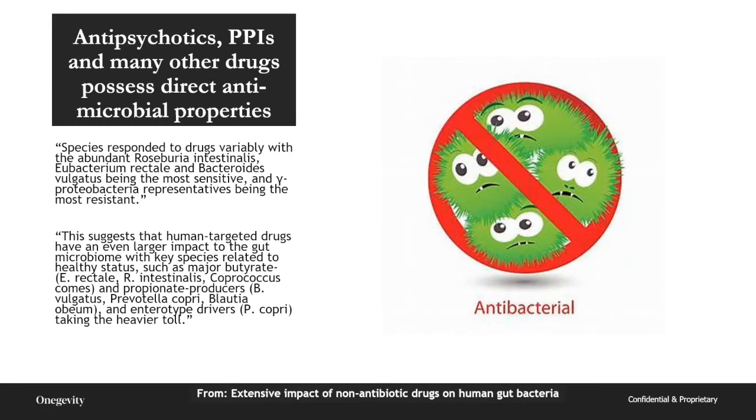In this particular slide on antipsychotics, PPIs, and so forth, these researchers looked at over 1,000 drug compounds, 27% of which were these non-antibiotic drugs. Drugs such as antipsychotics and PPIs, which are in widespread use, had direct antibacterial effects. The even worse news is that their effects were even more so on the good bugs than on the not so good bugs.